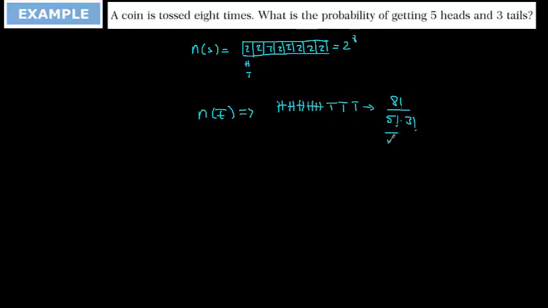This is for H's, and this is for T's. Then the probability of this event is going to be equal to 8 factorial over 5 factorial times 3 factorial, over 2 to the power of 8. This is the answer, but the simplifying part belongs to you.